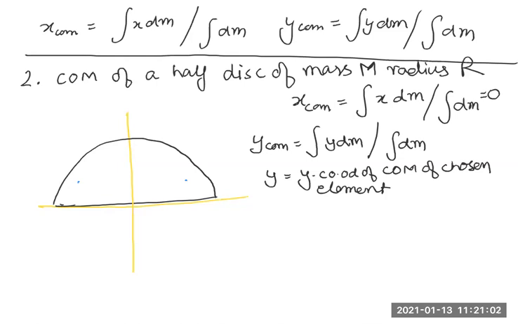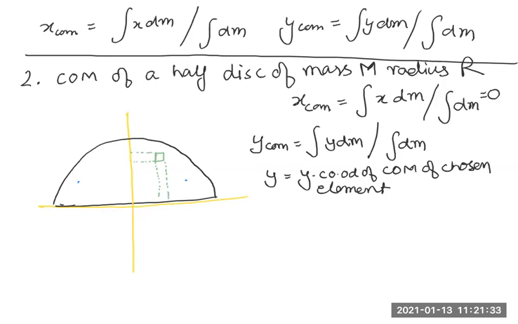So first let me show you the wrong choices. If you think that you can take this as the element of the half disk, then you would be mistaken, because if you do, then you would end up with a horrible, horrible thing, which fortunately you don't have to study in class 11th and 12th, right?